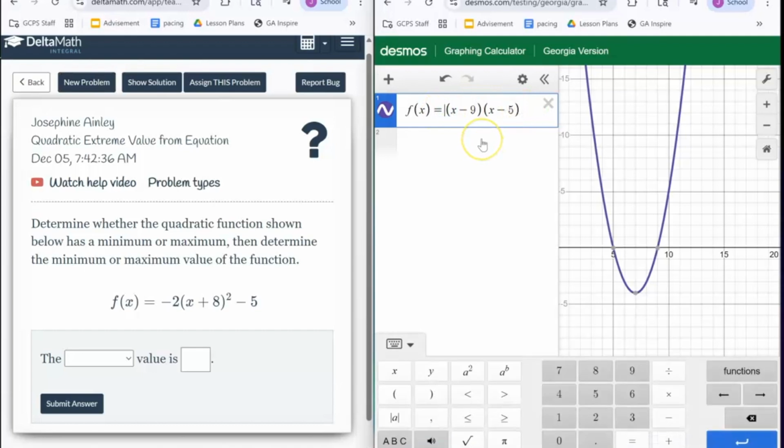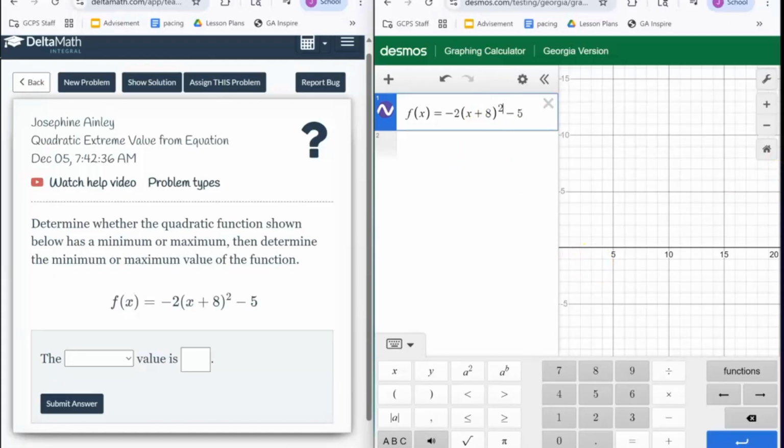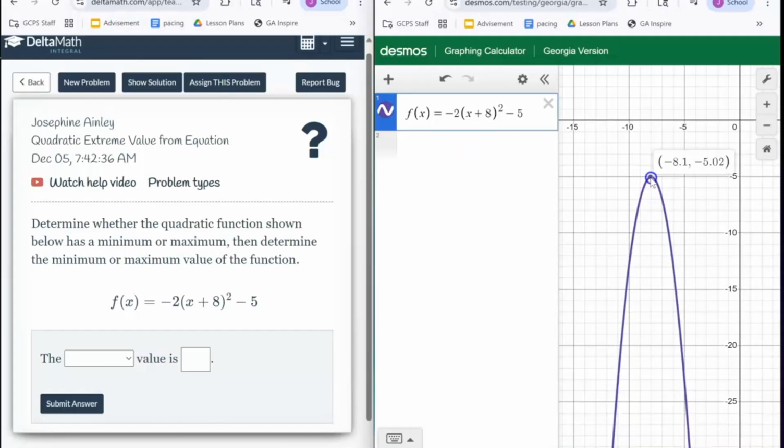All right, so again, we're going to copy the question. It doesn't matter what form it is because you know it's going to show it to you. So this is now vertex form because it has 1 parentheses. The other one was factored form. Zoom out. All right, this time it has a top, which is a maximum.